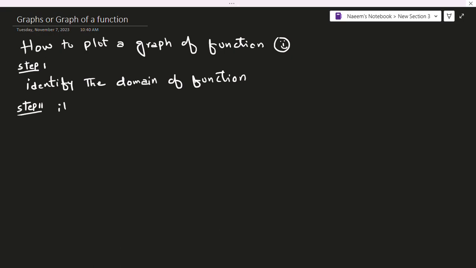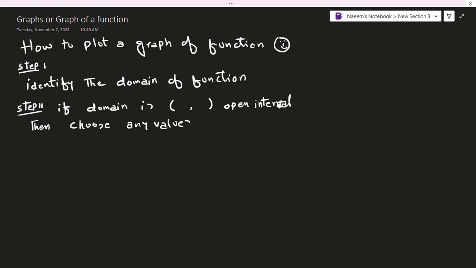If the domain is an open interval, then choose any numerical values.